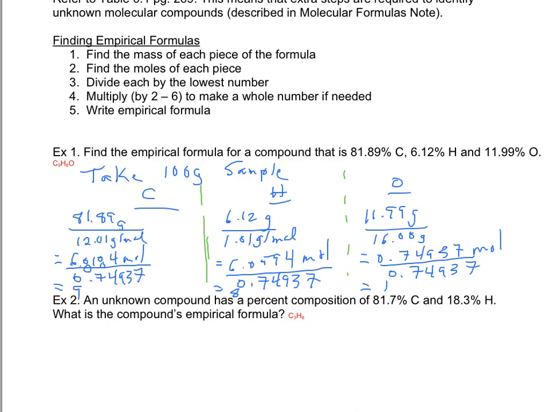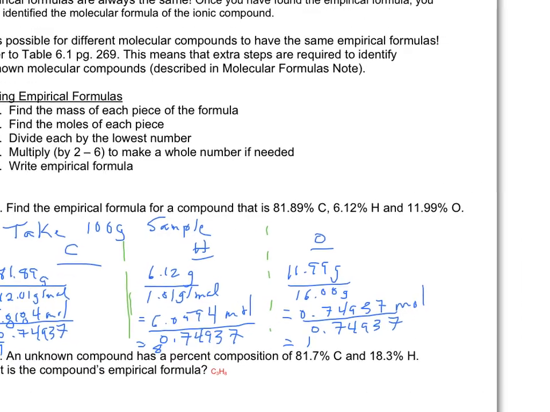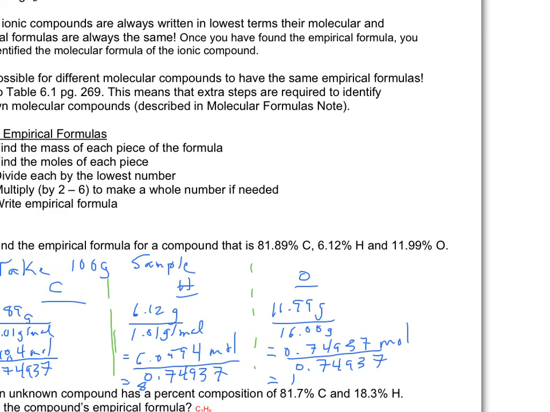There are some special rounding rules when you're determining an empirical formula. If they're not listed on your note, add them up here. If the decimal place that you get after dividing by the lowest number is greater than or equal to 0.90, then you are allowed to round up to the nearest whole number.